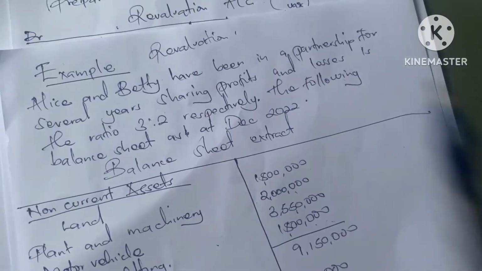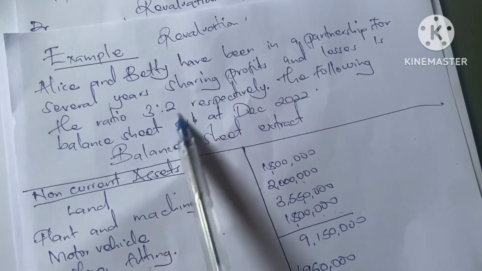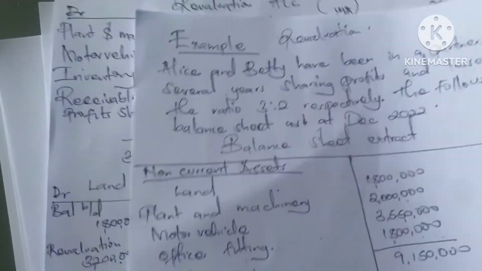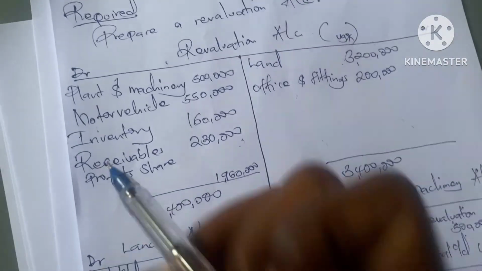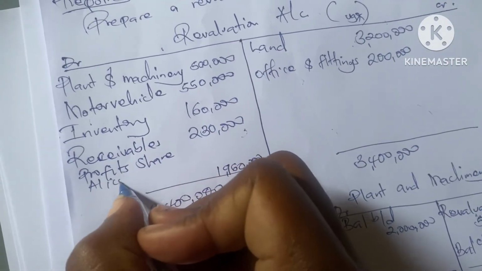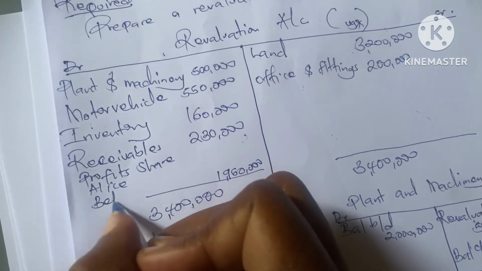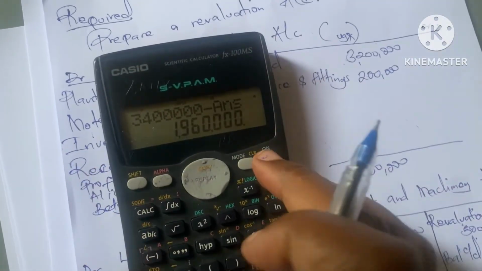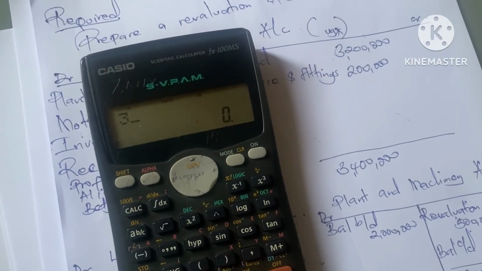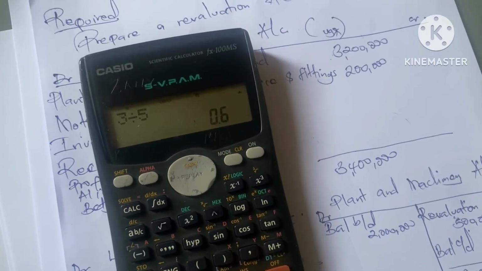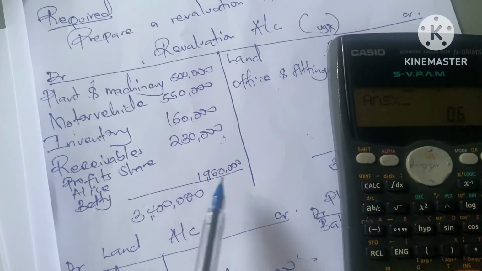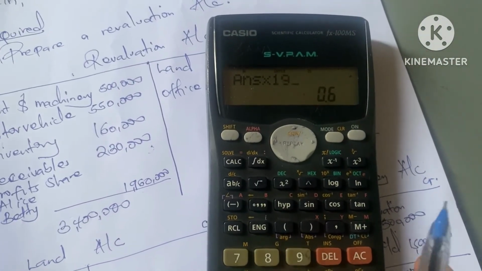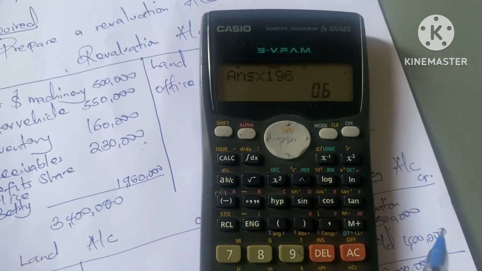So it's going to be shared by the old partners using the old sharing ratios, 3:2. So it's going to be Alice and then Betty. So 3:2, it's going to be 3 out of 5 times the profit, which is 1M, sorry, 960, 4 zeros.